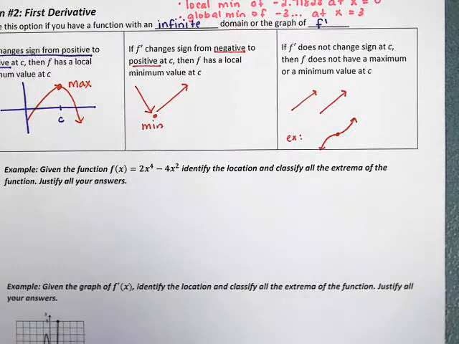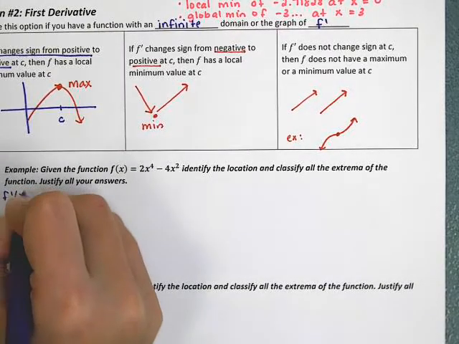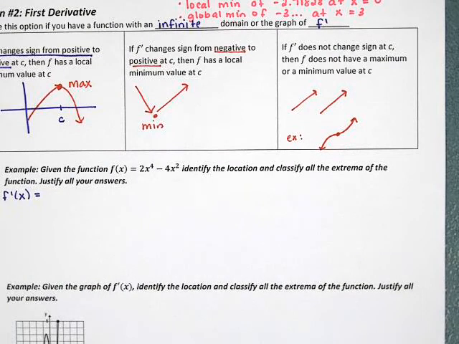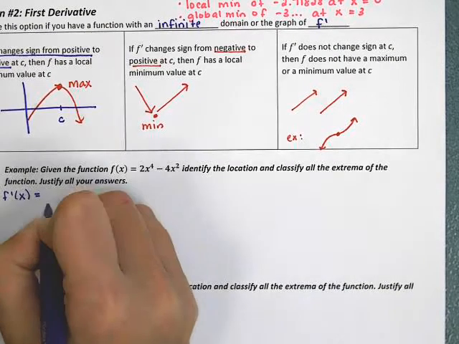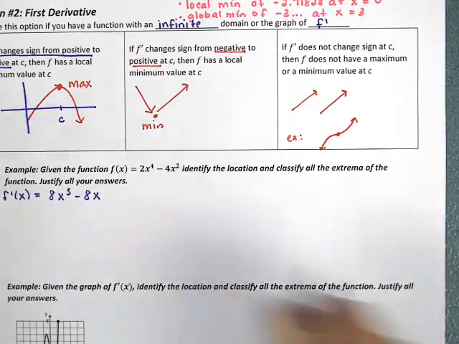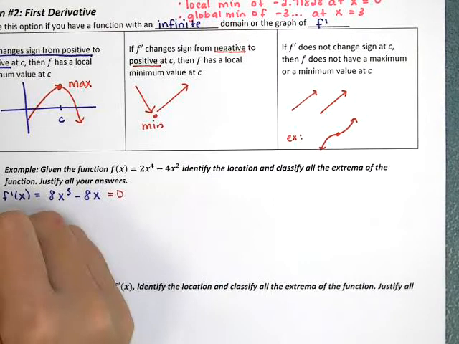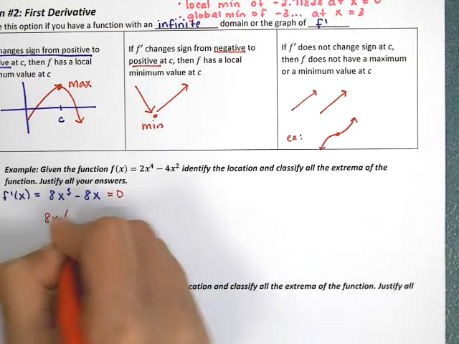First, you would take the derivative, because we know that extreme values happen at places where the derivative is 0 or at endpoints. So we would take the derivative, which is 8x cubed minus 8x. We would make the derivative equal to 0. So we would factor out an 8x.